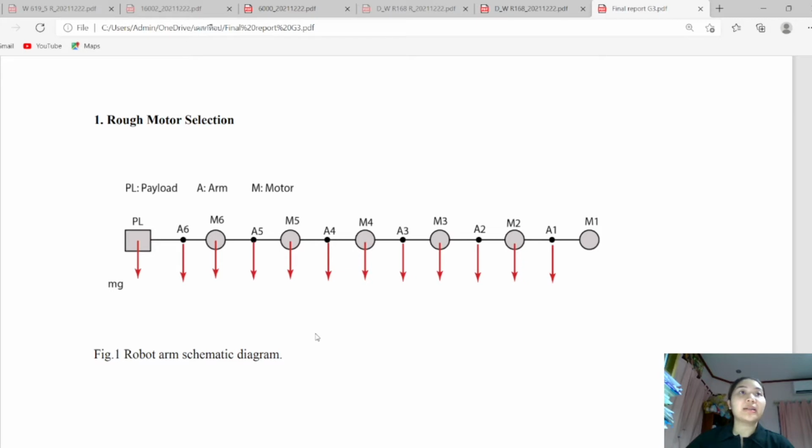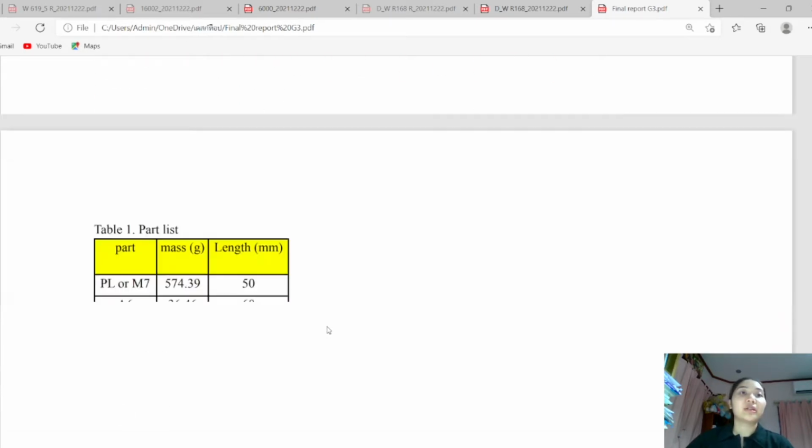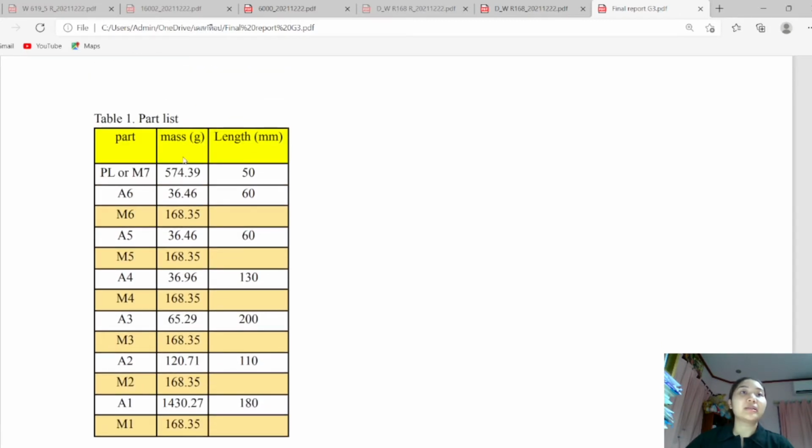The first part is rough motor selection. The first table is the part list. It shows the mass and length of each motor and each arm.